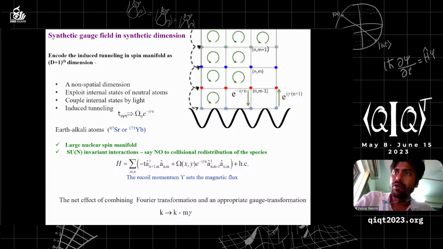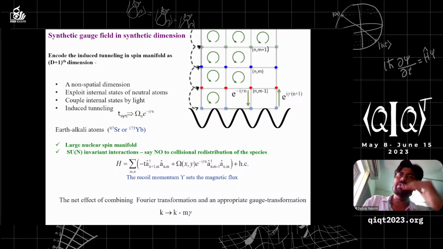You can shine a light and Raman couple them, not different layers but different internal energy levels. This coherent Raman coupling we interpret as a tunneling from one internal state to another internal state. So that gives you an artificial dimension.